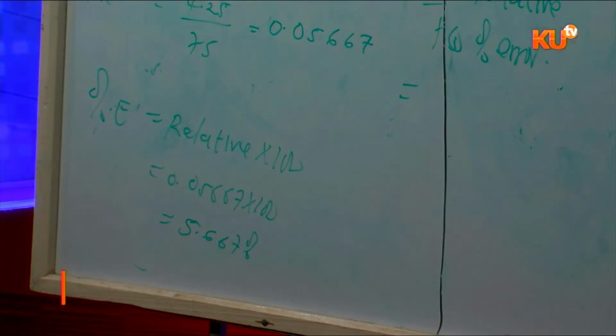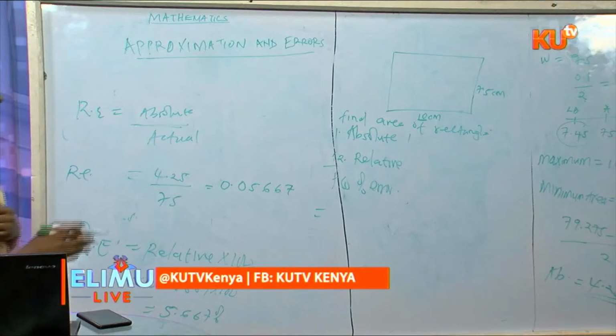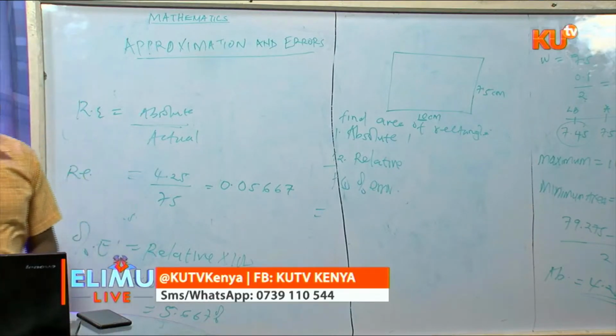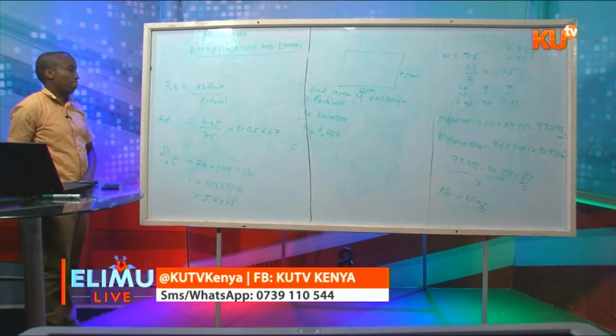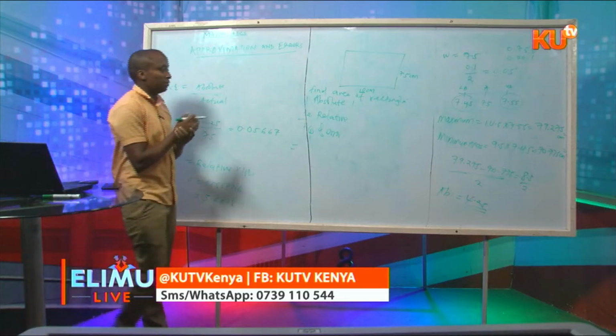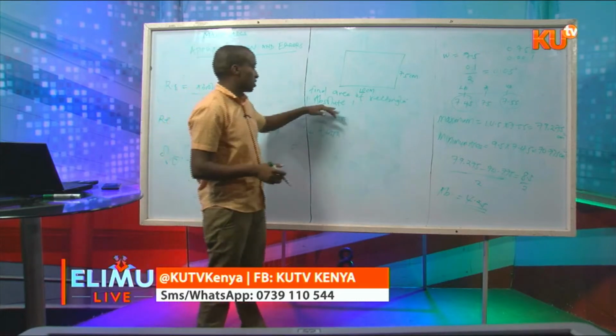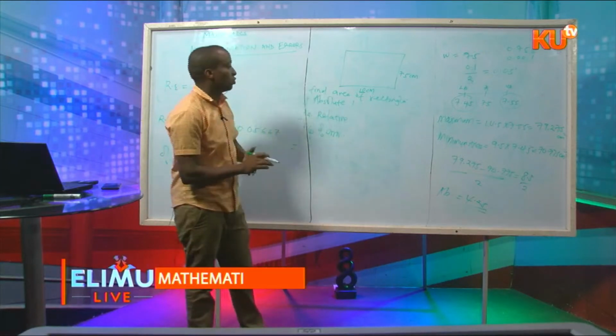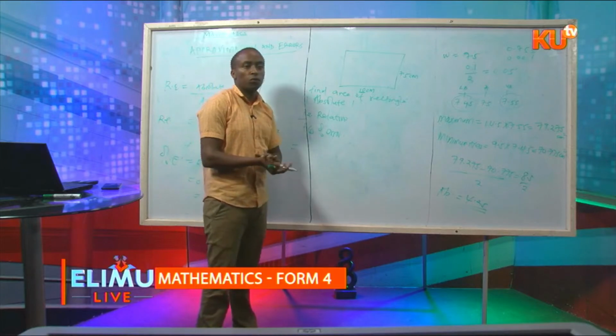So that's how to apply and how to get the absolute error in the application part when it comes to multiplication. The concept you need to understand is how to get the absolute. You have to look for the maximum and the minimum.